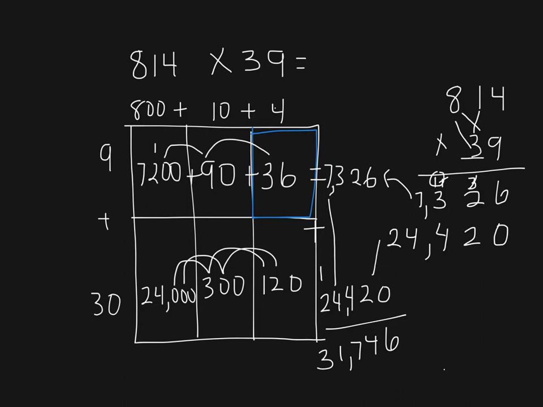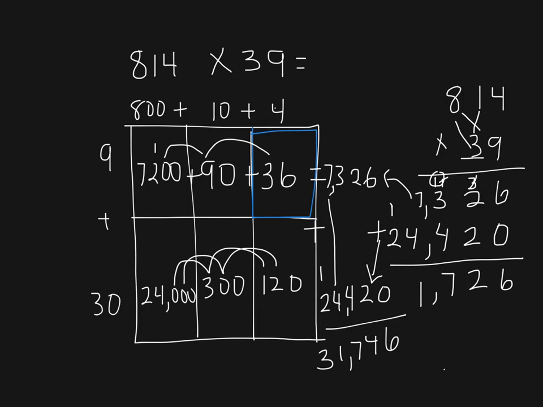And again, I'm going to check and see that it matches up with my partial product for my area model, and it does. So I know I'm ready to add everything up. 6 plus 0 is 6. 2 plus 2 is 4. 3 plus 4 is 7. 7 plus 4 is 11, and that's 11,000, so that means I'll have 1,000, and then I'll carry or regroup those 10,000s over to one 10,000.